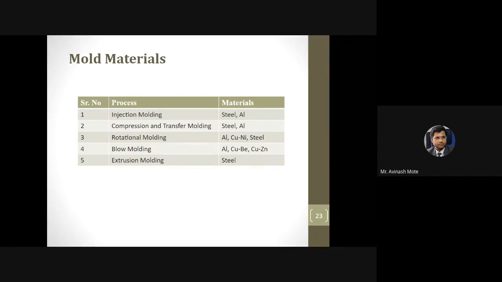Generally in most processes, steel and aluminum are preferred for mold, but it depends on what kind of component is required. So if you get a question, you can go for aluminum and steel as a basic material.